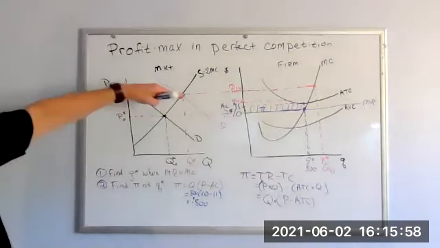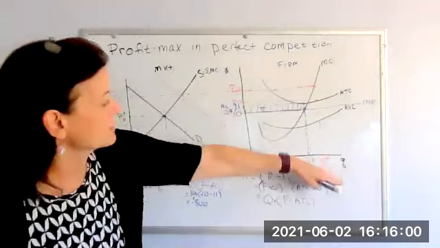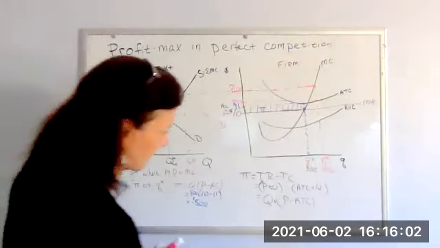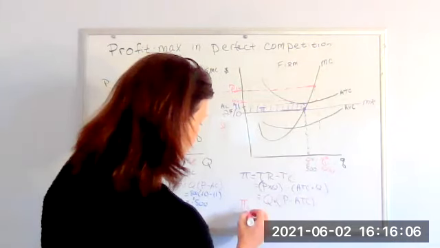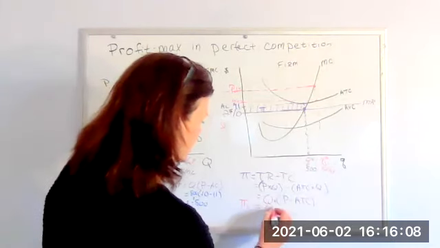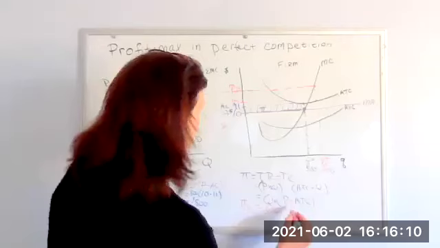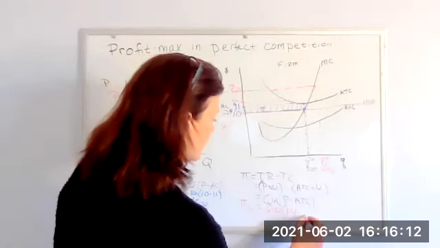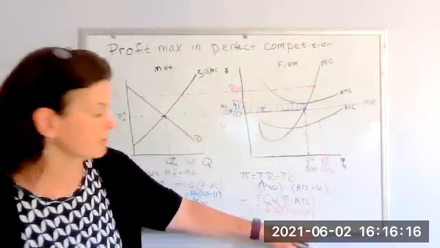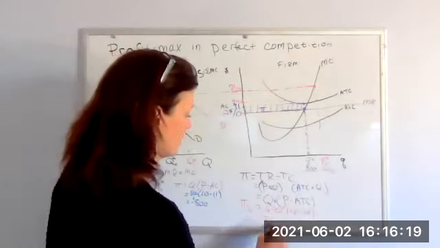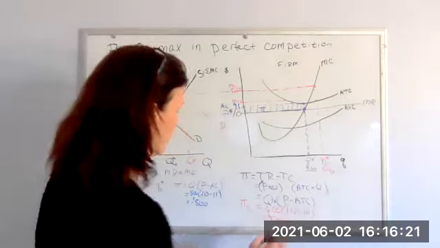So if price were higher at Q1 equals 600, profit at Q1 is 600 units and price is $14 and average cost is $12. So I'm making on average $2 a unit out over 600 units. My profit's $1,200.